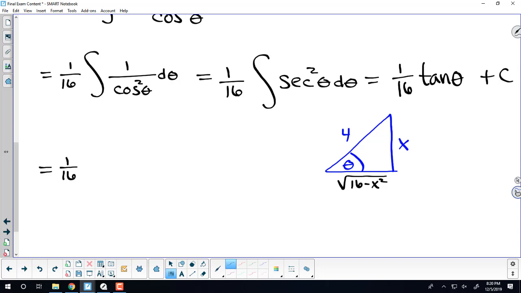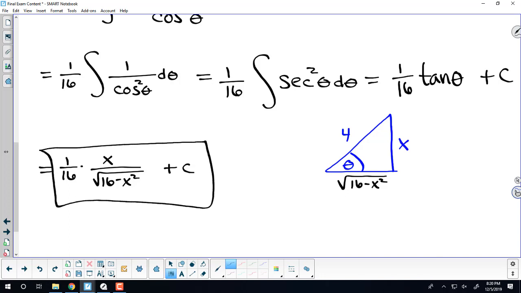Tangent of theta is this. And that's pretty much it. So don't forget to resubstitute for theta.